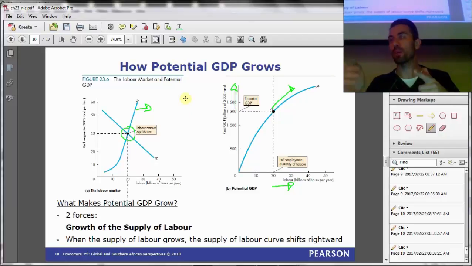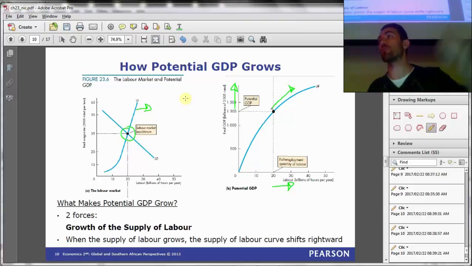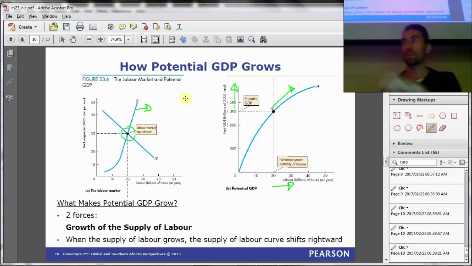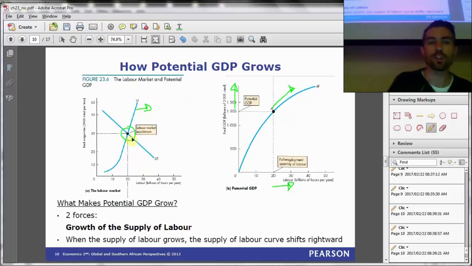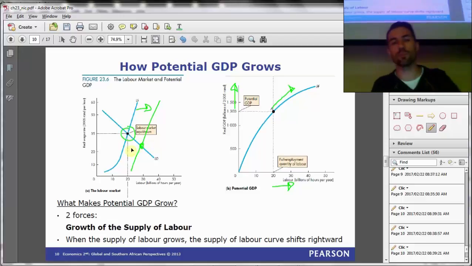Happy with that? So if labor supply increases, real wages will fall and there will be an increase in employment. But the increase in employment didn't start with a fall in real wages. It started with an increase in labor supply. Okay? So we shift our labor supply curve to the right. Equilibrium occurs at, as you correctly observe, a lower real wage, a higher level of employment.